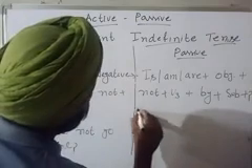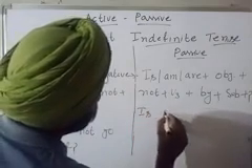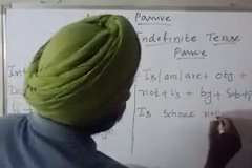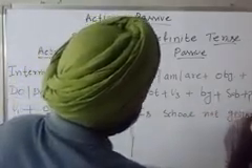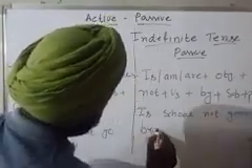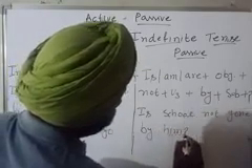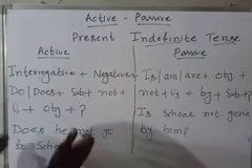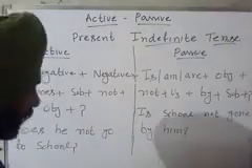So, is school not gone by him? Is school not gone by him? This is an active sentence, this is a passive sentence.